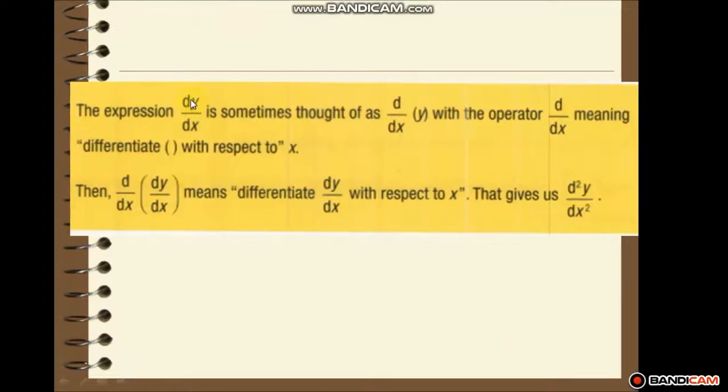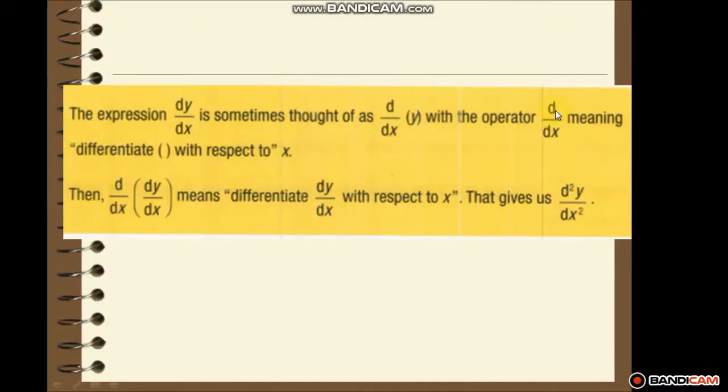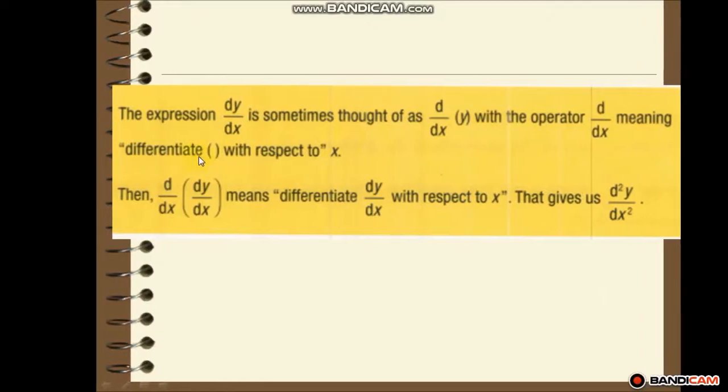The expression dy over dx is sometimes thought of as d over dx of y, with the operator d over dx meaning differentiate with respect to x.